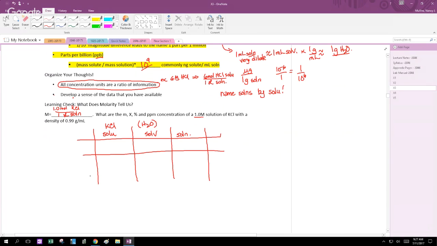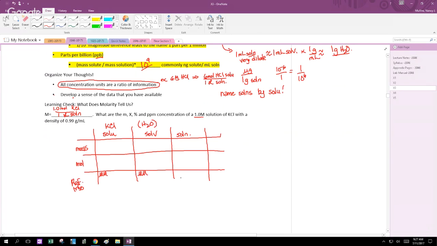And in order to go between the different units of concentration, it's helpful to sort of organize what I know. Typically, I need to know about mass, I need to know about moles, and there's some reference or conversion information. For pure substances, my reference information is going to be molar mass.